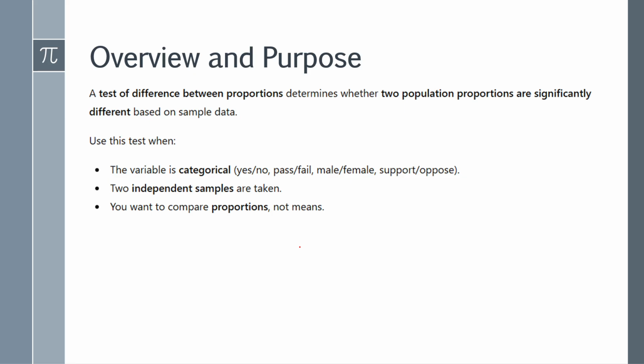When the variable is categorical, like yes or no, pass or fail, male or female, support or oppose, or two independent samples are taken, or you want to compare the proportions, not means. We are going to take note this is to compare proportions, not means.